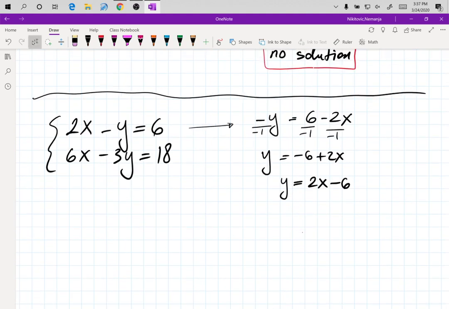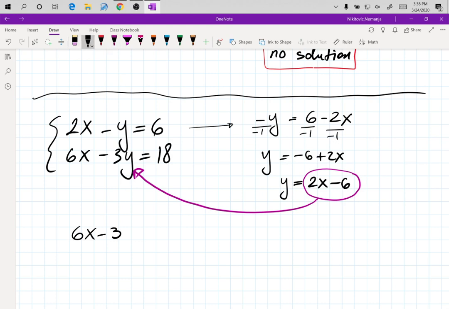So now we take our y and we plug it in for y. Let's see what happens. So 6x minus 3 times, open parenthesis, 2x minus 6, equals 18.